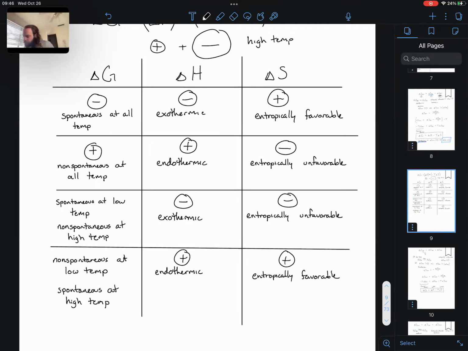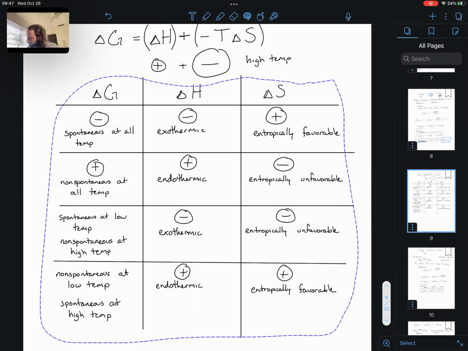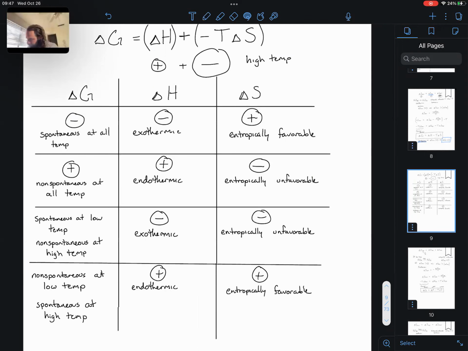All right, and just to think about it, we talked about reactions, or really phase changes, that were exothermic but entropically unfavorable, right? So remember that this would correspond to, well, actually, I want you guys to tell me here.